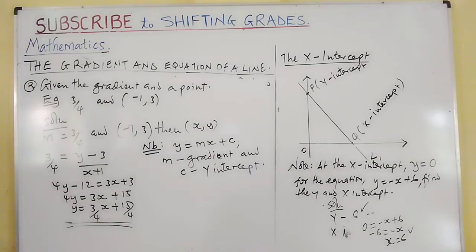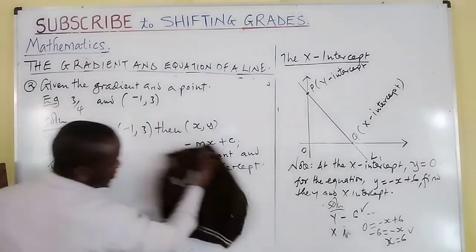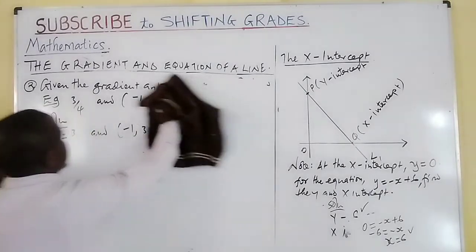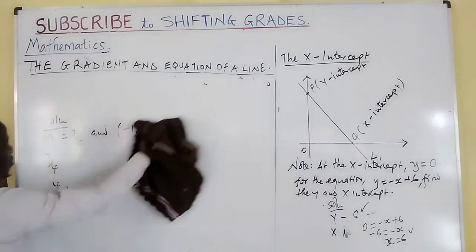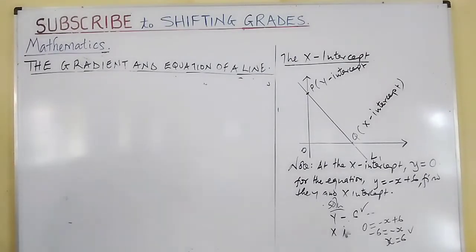Now, with the concept of intercepts, we can easily plot a line in an easier manner than in Book 1. The way in Book 1, we could get an equation, we manipulate it, we start getting coordinates.